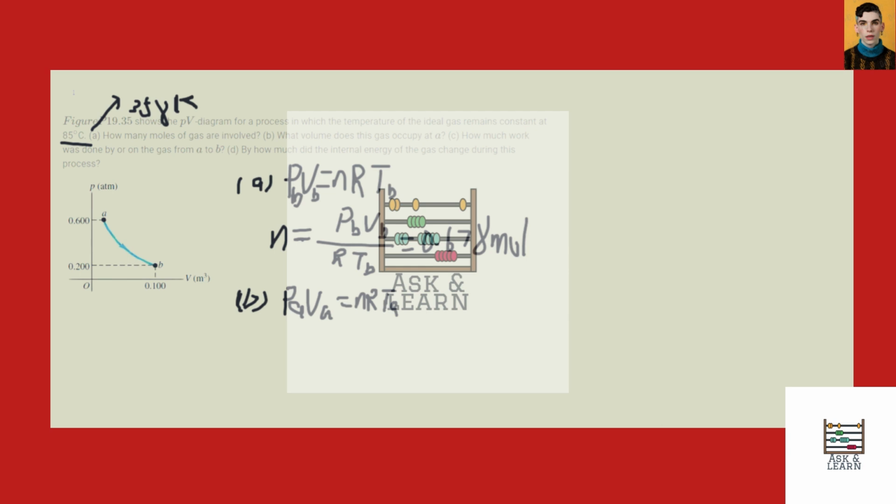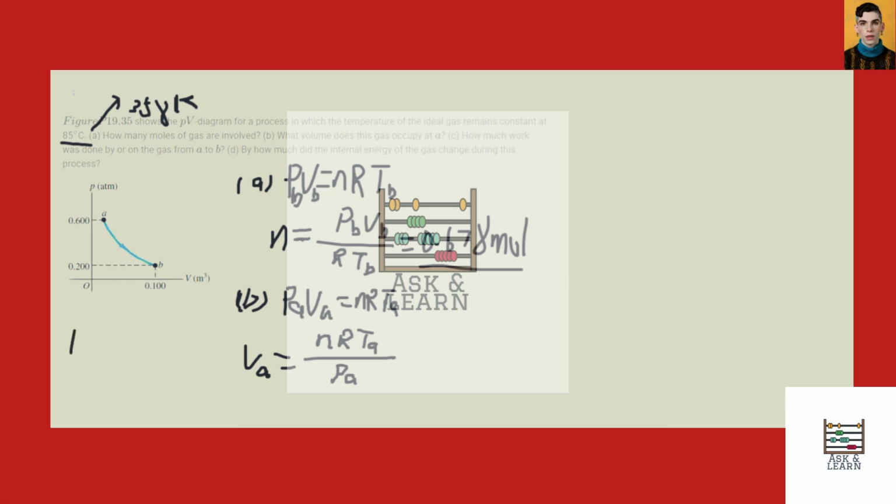And VA, the volume at state A, is going to be nR TA over PA. And n is the one that we found here. TA is the same, 358 Kelvin, and PA is given as 0.6 atm.